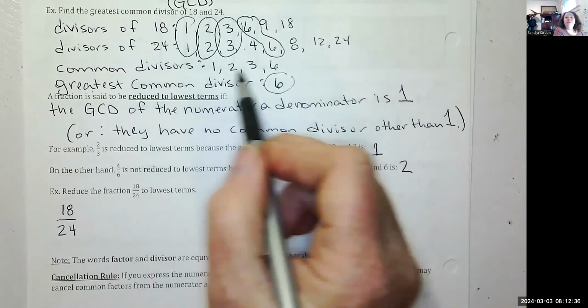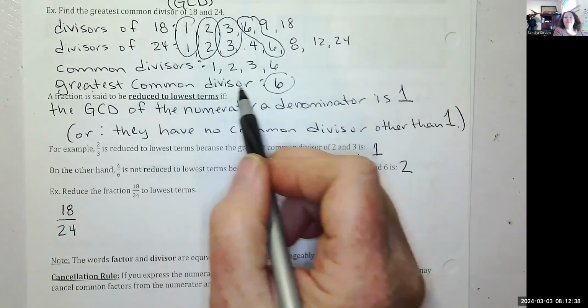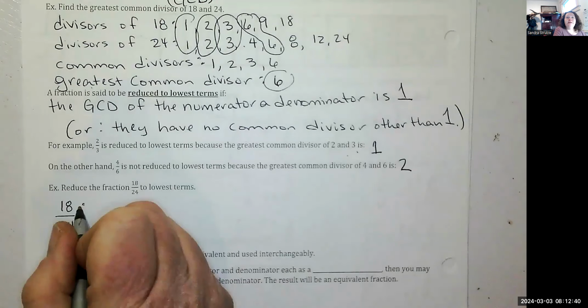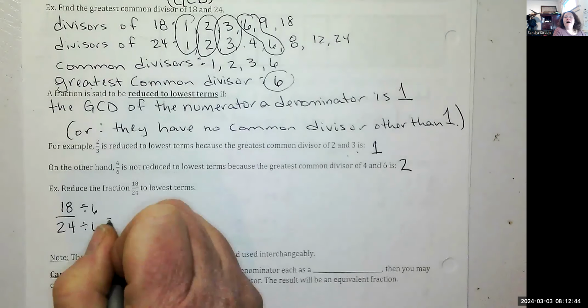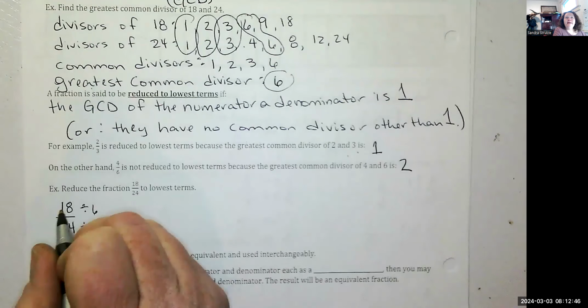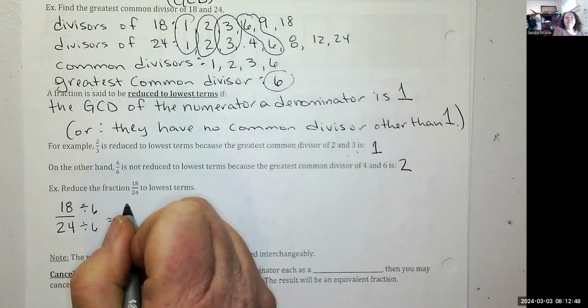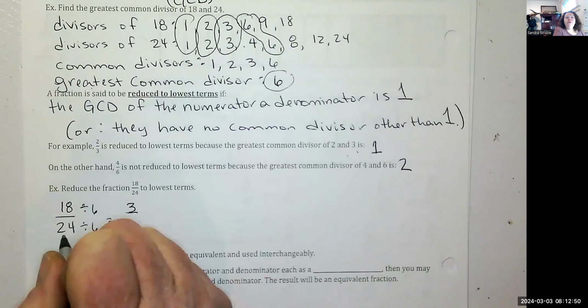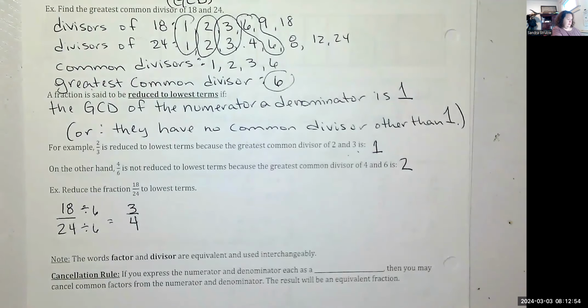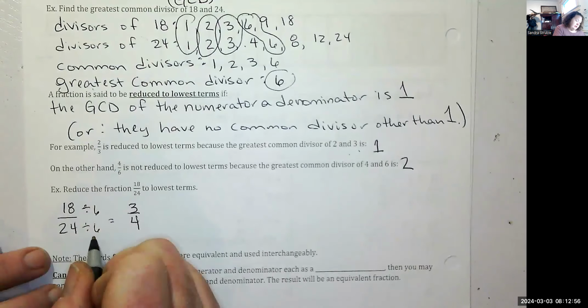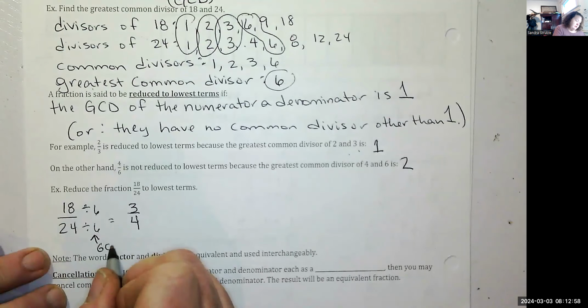We found the common divisors, and then we found the greatest common divisor. And so that means I can divide 18 by 6 and 24 by 6, and I'll be at my lowest term. 18 divided by 6 is 3. 24 divided by 6 is 4. All right, so this is the greatest common divisor.